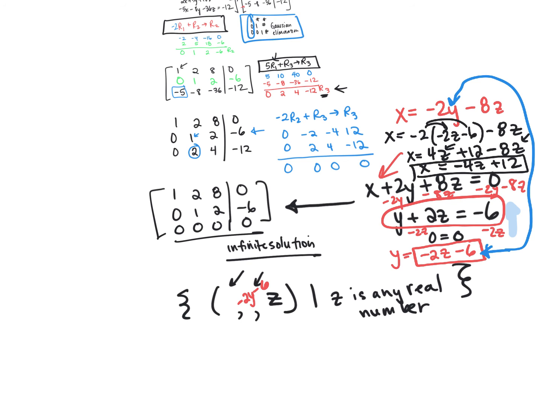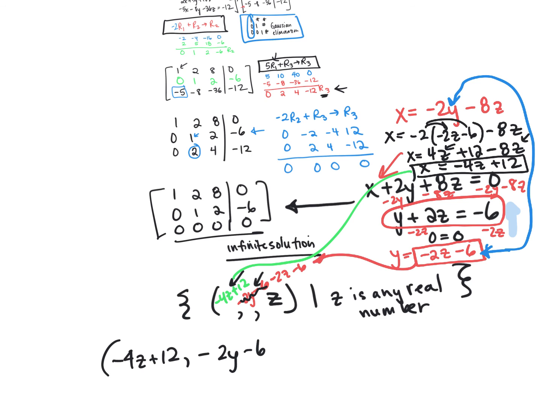So then I would go and write that down in here: -4z plus 12. Written a little bit bigger, my x is written as -4z plus 12, my y is written as -2y minus 6. Oops. Actually, I'm going to go back on that. That should have been -2z minus 6.